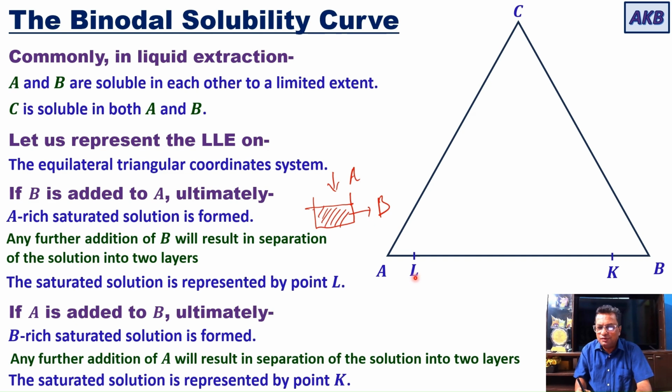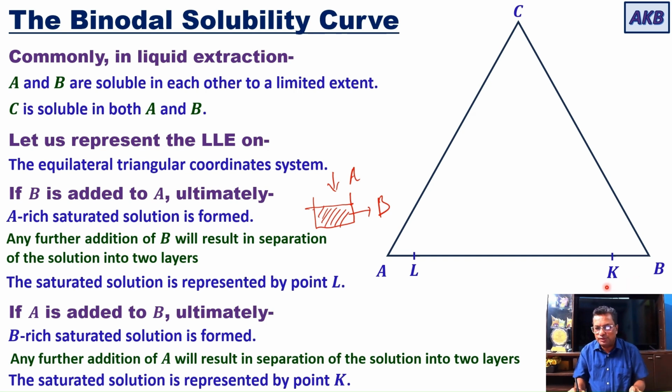Point L will move towards apex A and point K will move towards apex B. So as the insolubility of A and B increases, point L will be located close to apex A, and point K will be located close to B. As the solubility decreases, L is going to move towards A and K is going to move towards B.